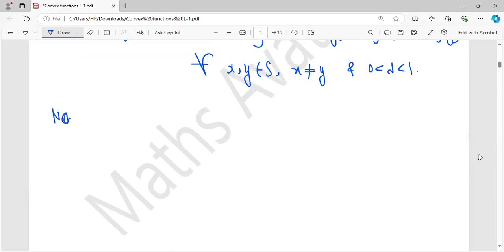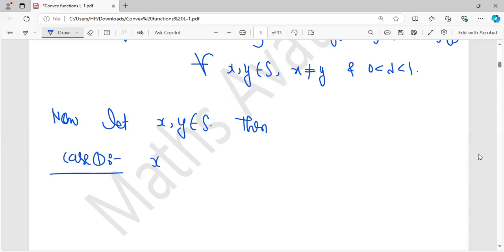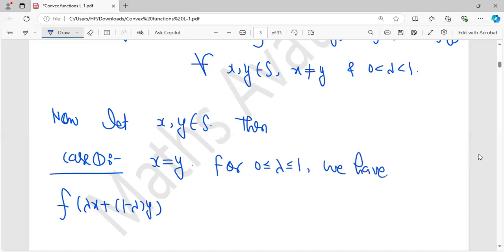Now let x, y belongs to S. Then case 1: x is equal to y. If x is equal to y, then f of lambda x plus 1 minus lambda y, we can write x in place of y.